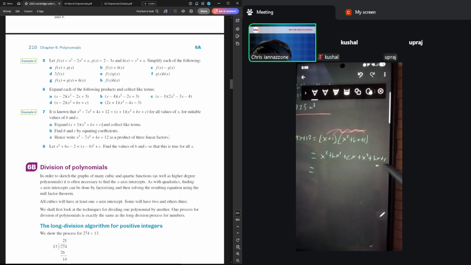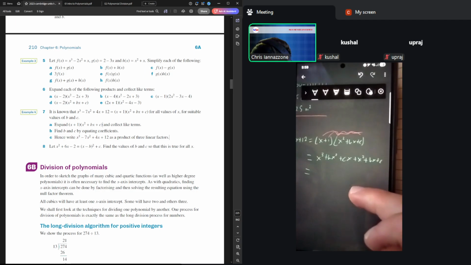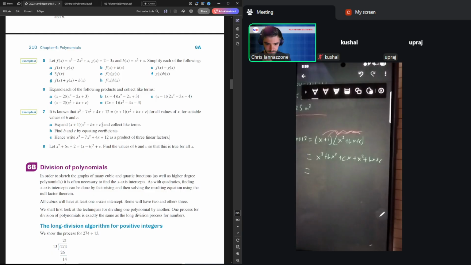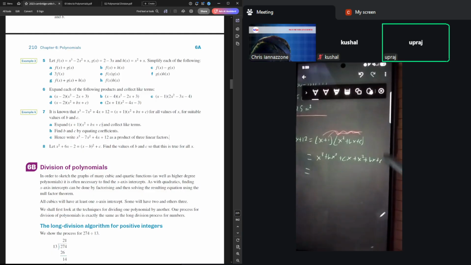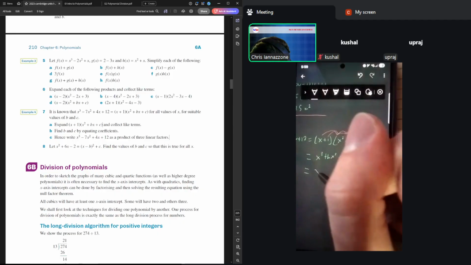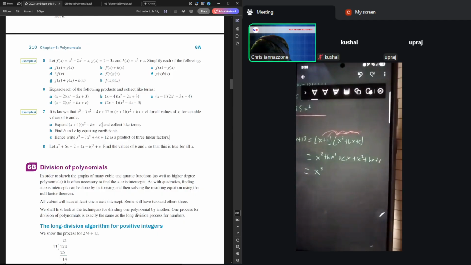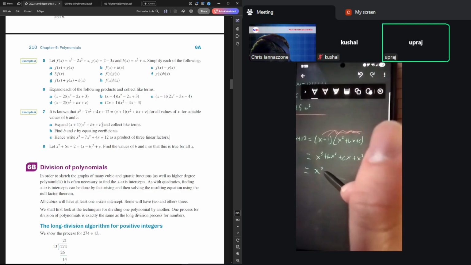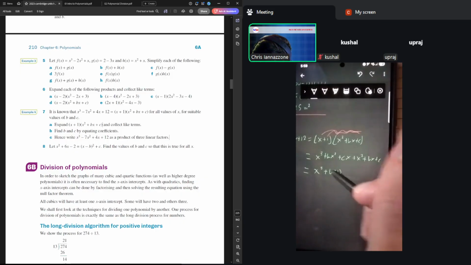So x cubed, collecting like terms, what's that look like? Just x cubed. There was no other x cubes in there. Then you can get b plus 1 times x squared. That's right, yeah.